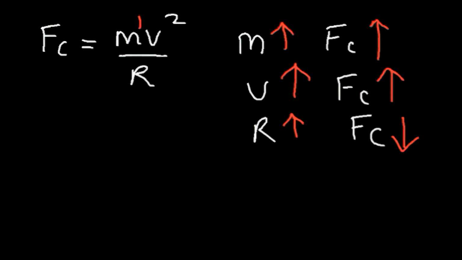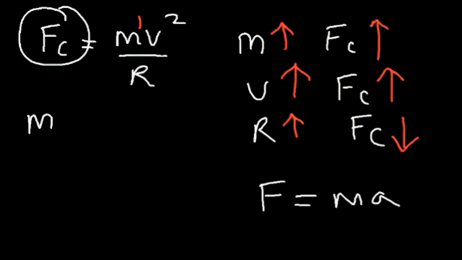Now, whenever there's a force, there is also an acceleration. And according to Newton's second law, net force is equal to mass times acceleration. So the centripetal force is the mass times the centripetal acceleration.